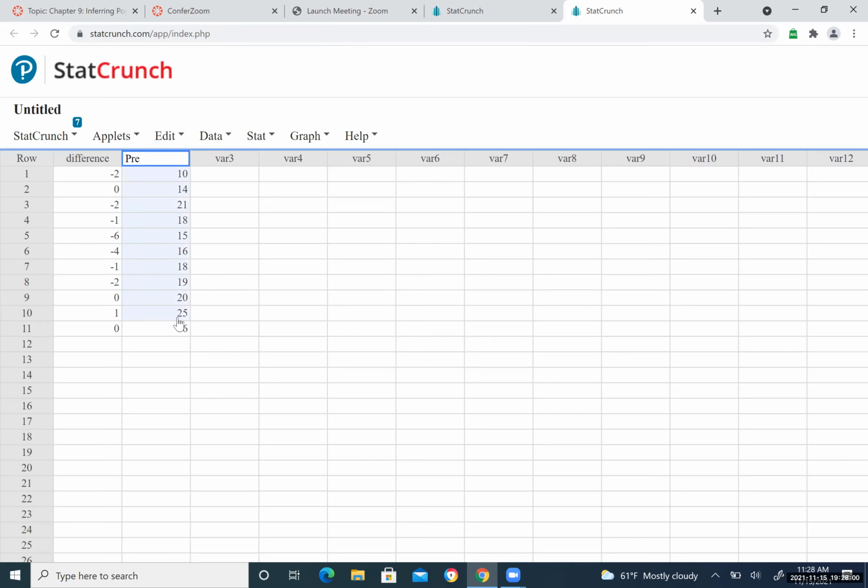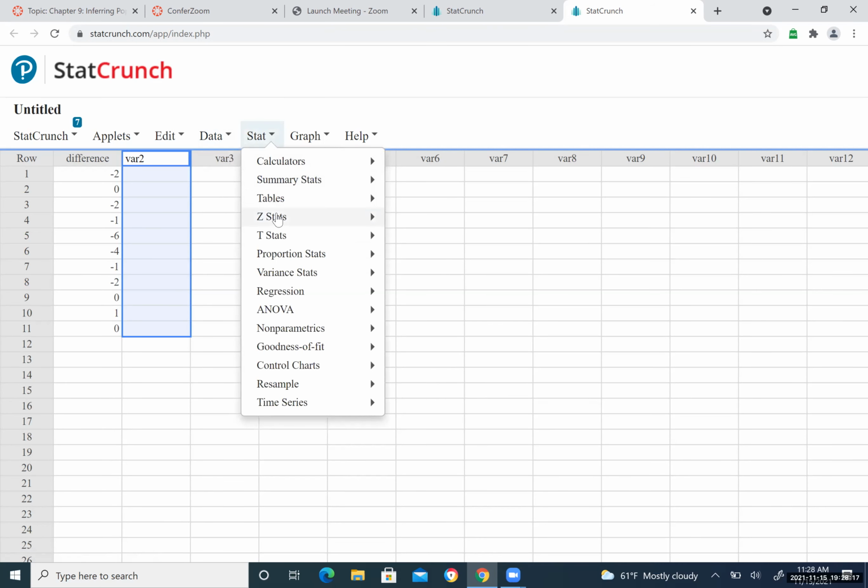Highlight it, and then I click clear. Let me see, now I erase those two boxes and I only leave the difference box.